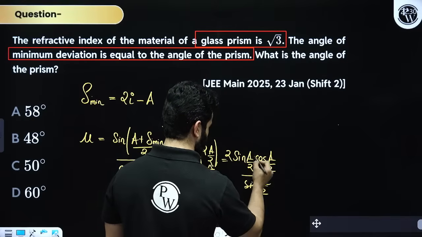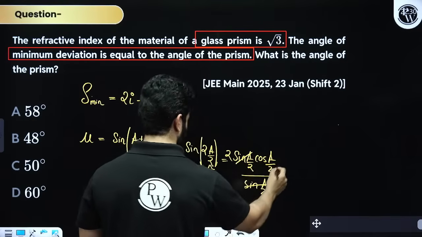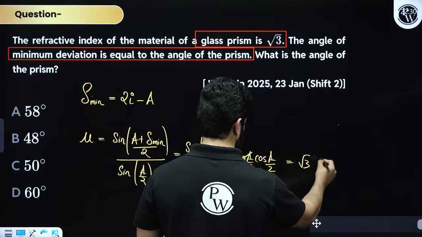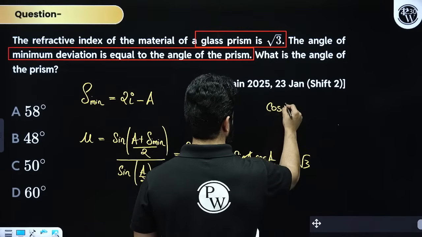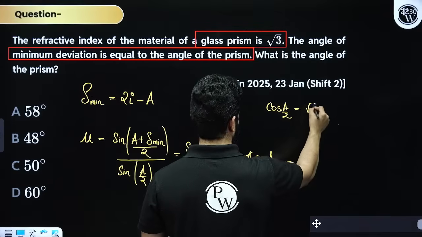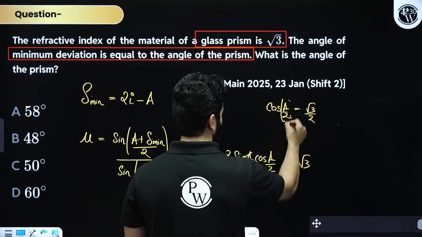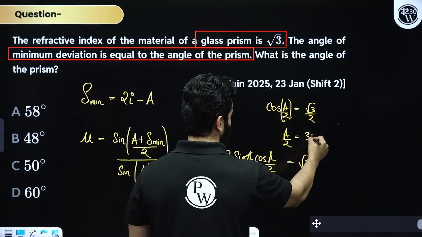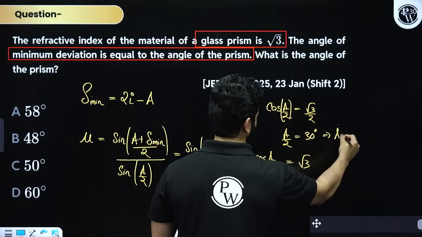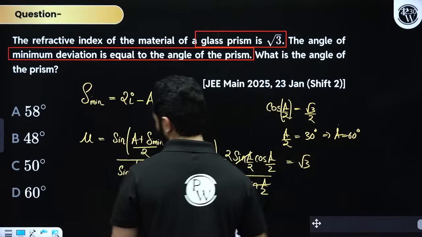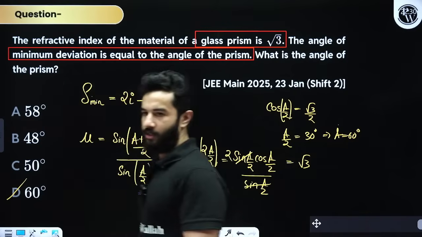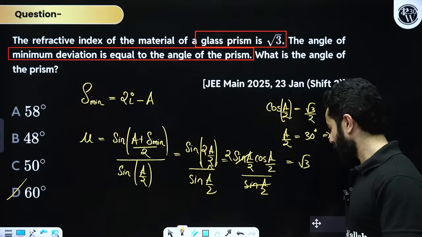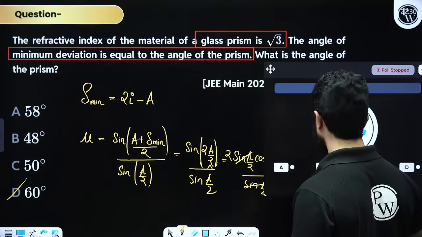One of them will get cancelled out, and this will come out as root 3. So cos A by 2 will come out as root 3 by 2, which means A by 2 is cos inverse of root 3 by 2, that is 30 degree. So A will come out as 60 degree. Is it clear? Good, very good. Done? Quickly let me know in the chat box. D is the correct answer.